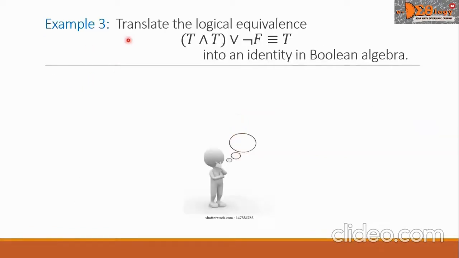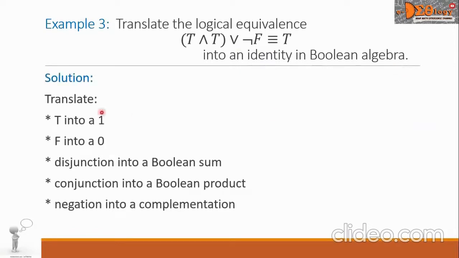Example 3. Translate the logical equivalence t and t, or not f is equivalent to t, into an identity in Boolean algebra. For our solution, we're going to translate t into a 1, f into a 0, disjunction into a Boolean sum, conjunction into a Boolean product, negation into a complementation.